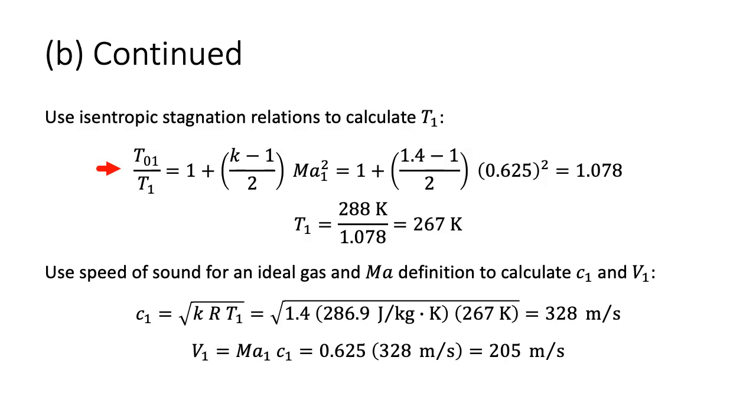First, we calculate the stagnation to static temperature ratio from the Mach number at section 1 to be 1.078. From this ratio and the stagnation temperature, the static temperature is dropped to 267 Kelvin. Then, from the relationship for the speed of sound for an ideal gas and our Mach number, we calculate a velocity of 205 meters per second at section 1.